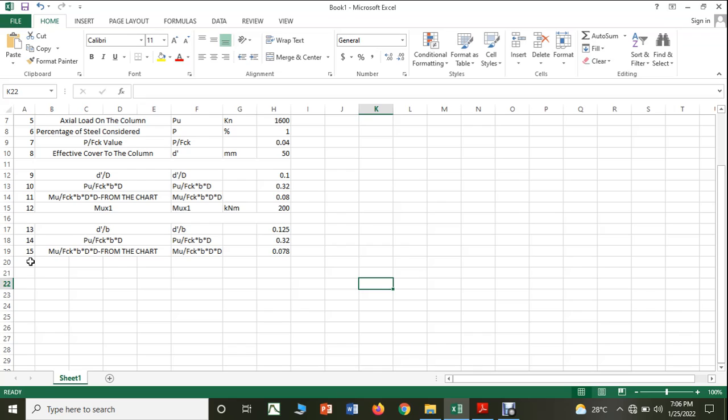So once you get this, the next step is, now instead of taking Mu x1 you are supposed to take Mu y1, which will be in kilonewton meter only, right? So now how much are you going to get for Mu y1?